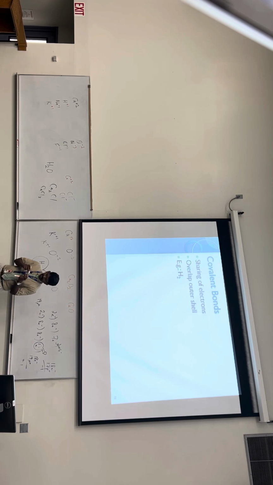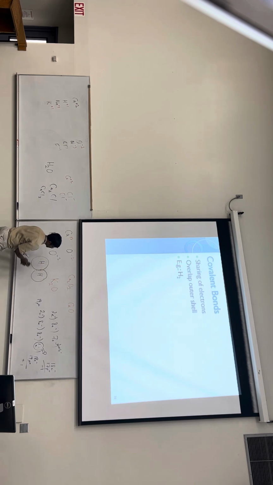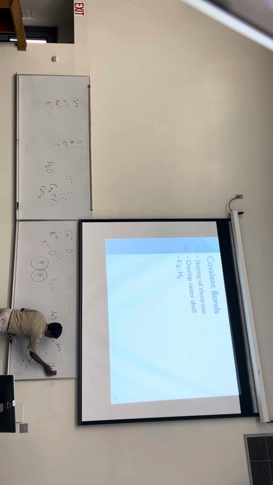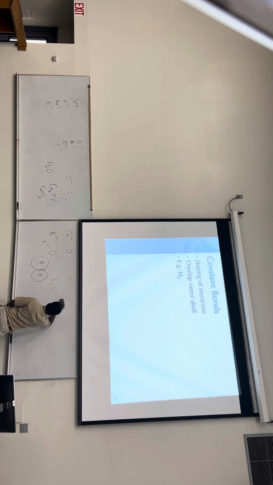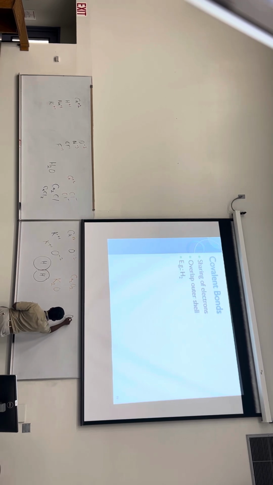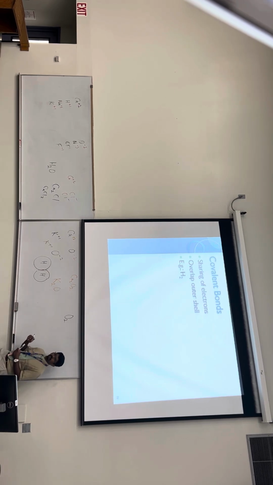How do we think oxygen gas comes out to be? O2. Let me erase some of this, it's too much. Let's revise again. What does this O2 mean? 2 oxygens making this 1 unit, right?